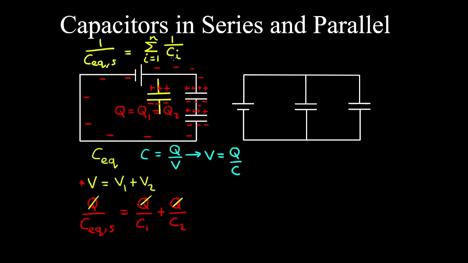So the equivalent capacitance of the capacitors in series is going to be less than the capacitance of the smallest capacitor.